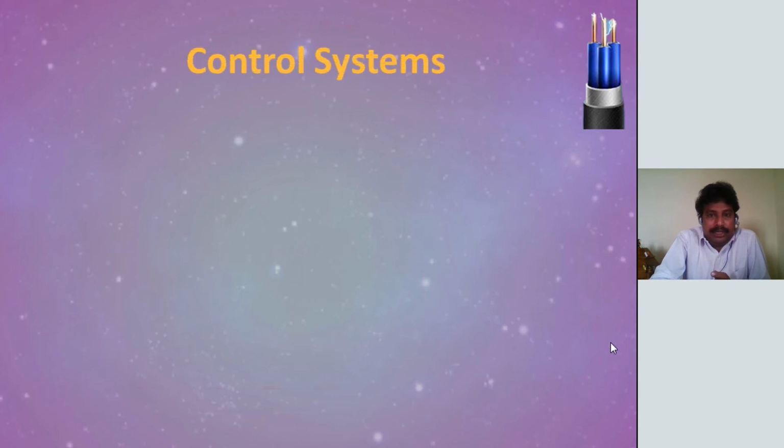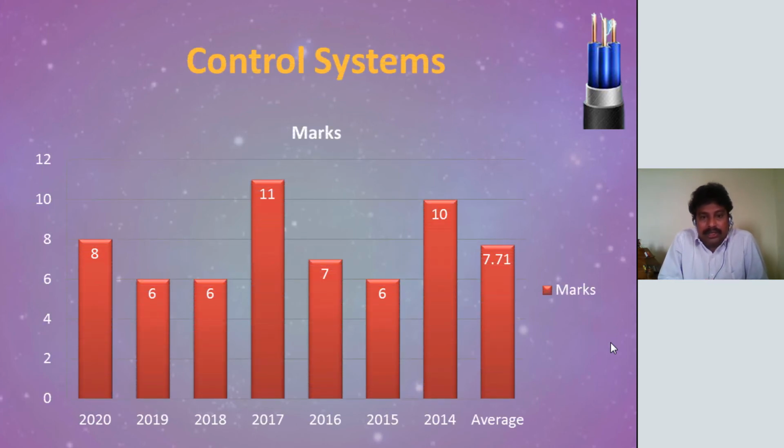The next subject is control systems. Control systems have a minimum weightage of 6 marks and a maximum of 11 marks. This subject is given a variable weightage throughout the period of the GATE exam, but from control systems a student can definitely expect 2 1-mark questions and 2 2-mark questions.